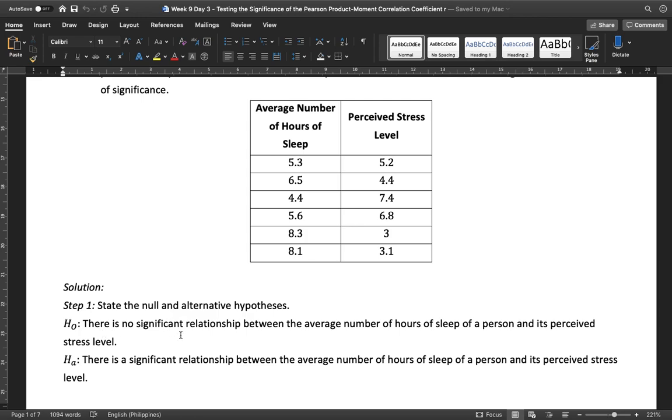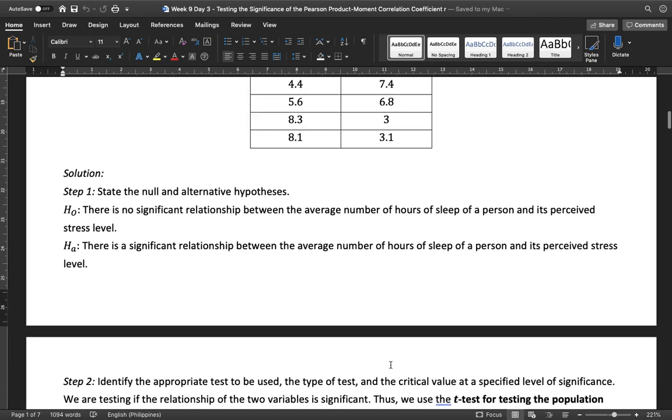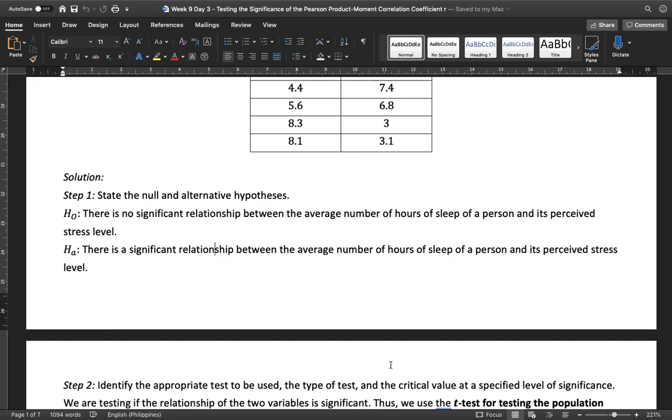So, walang observable, kasi pantay lang. Pag alternative, may observable value kasi nagdi-deviate siya from what is normal. So there's a significant relationship between the average number of hours of sleep of a person and perceived stress level. So that's our first part: state the null and alternative hypothesis.